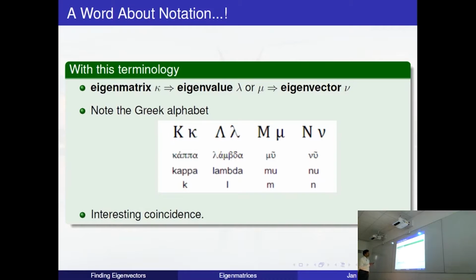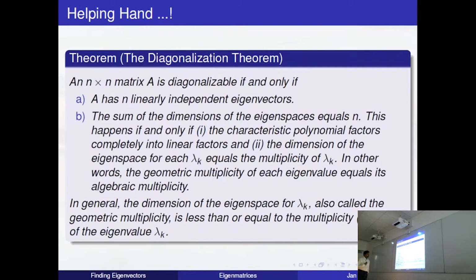The best choice would be something closer, so we pick the letter preceding lambda, which is kappa. According to the Greek alphabet, we have kappa, lambda, mu, nu in that order. So we can use kappa for the eigenmatrix, lambda and mu for eigenvalues, and nu for eigenvectors. They are nicely aligned in that order. It's a coincidence, but it works very well.